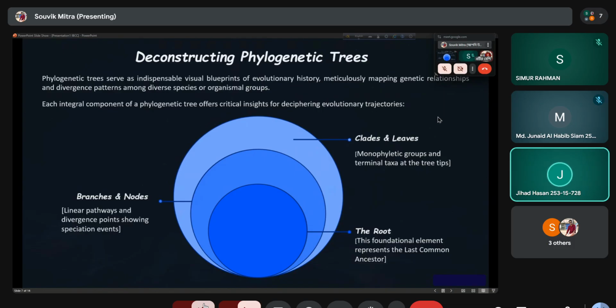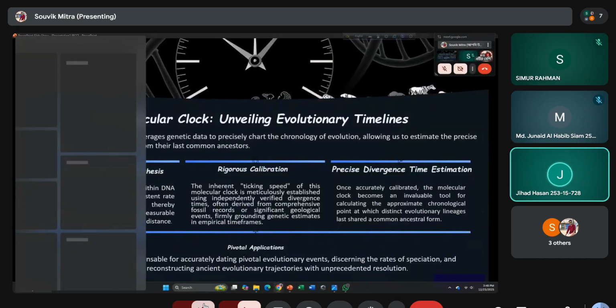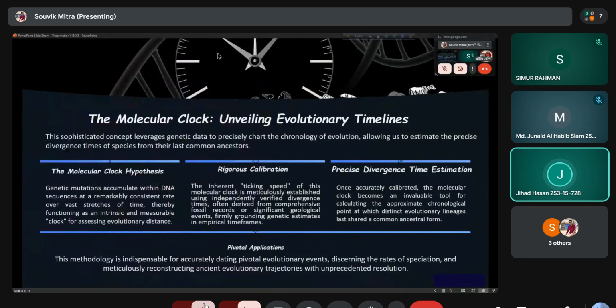Next slide please. Slide 9, the molecular clock. But how do we put a date on these connections? That's where the molecular clock comes in.